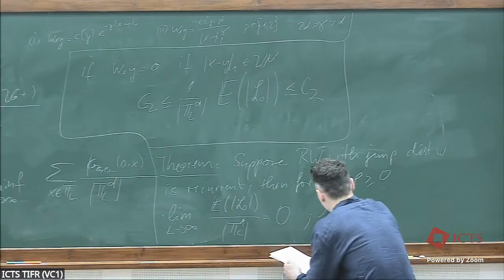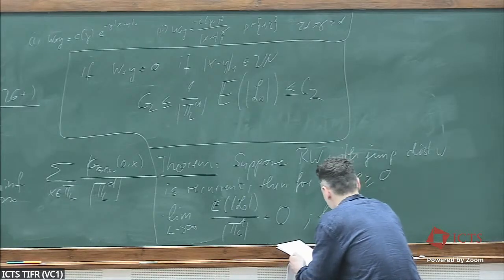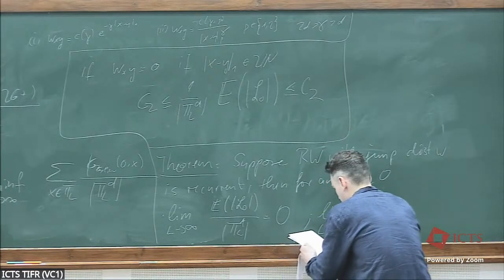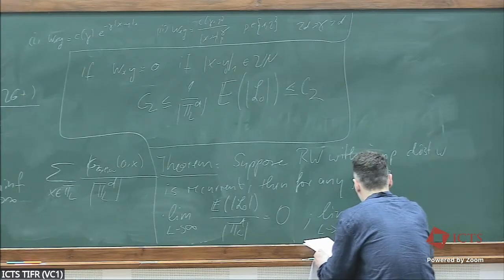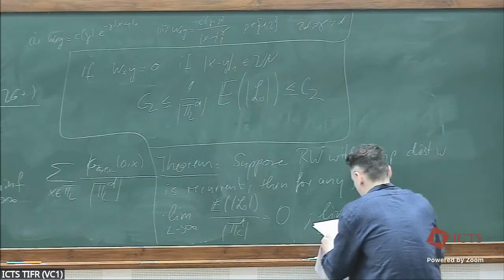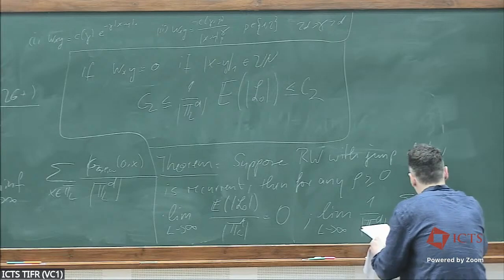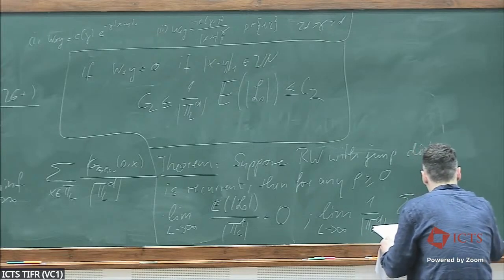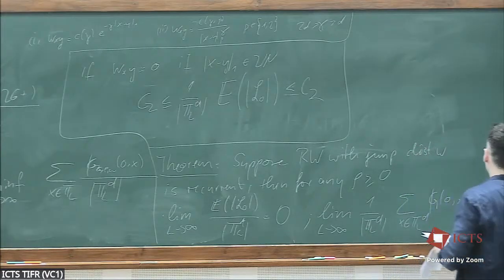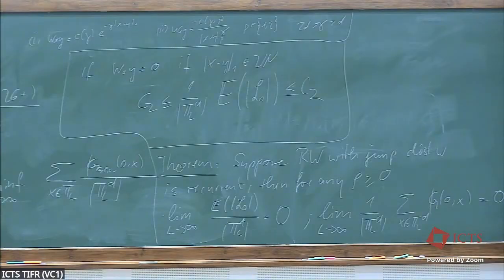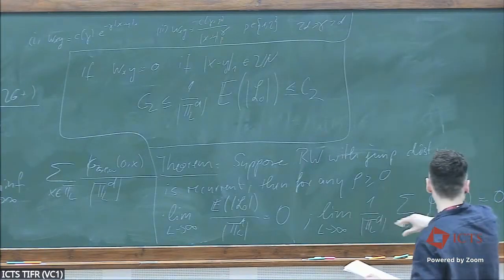And the limit L to infinity of 1 over the volume of the sum of 2-point functions, this will also be 0. So this is a complementary result to the first one.